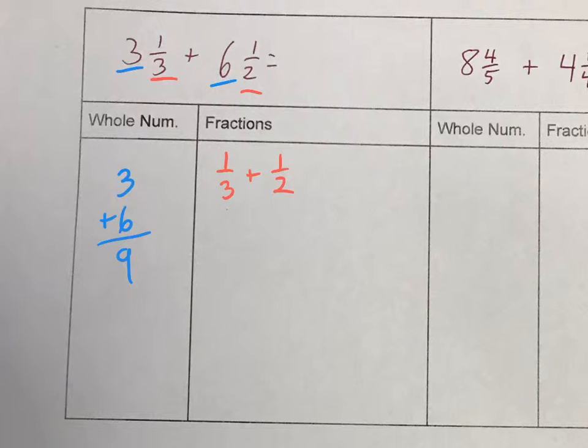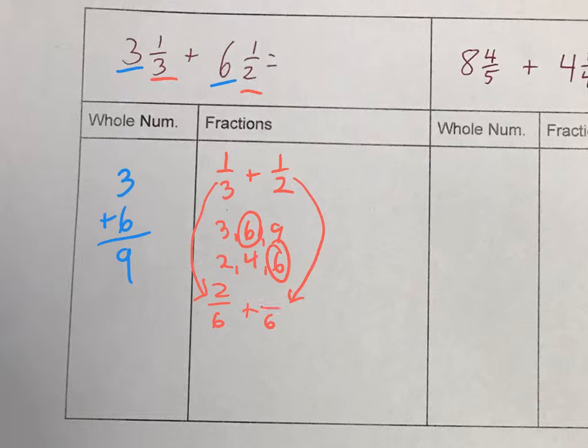So you should be getting quick at this point, but the common denominator is going to be 6. And if you need to list out the factors, you can do that until you figure it out. But eventually you're going to be able to do that in your head. So 1/3 will become 2/6, and 1/2 will become 3/6.